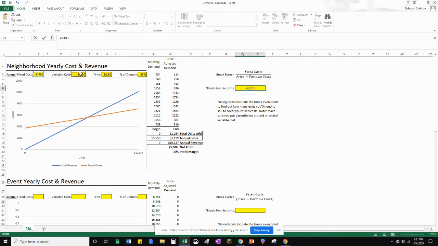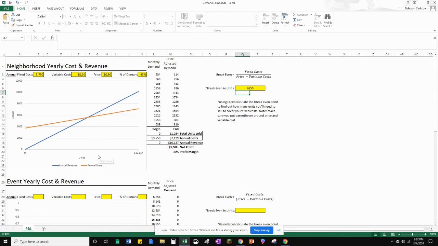You don't just want to do price minus variable costs, because what will happen is your computer will divide fixed cost by price, then it will minus variable costs. So it's very important that you do fixed costs divided by, and then put a parenthesis, and then do your price minus variable cost, another parenthesis, enter.